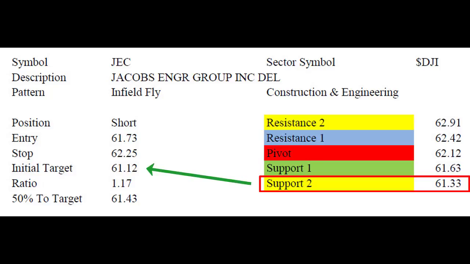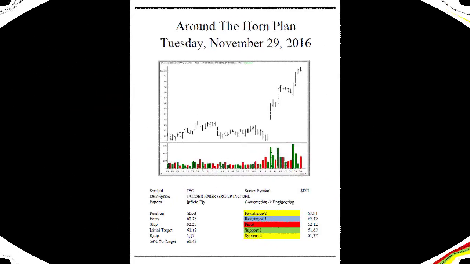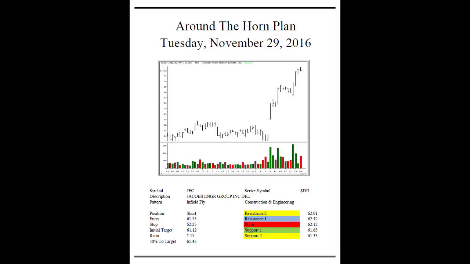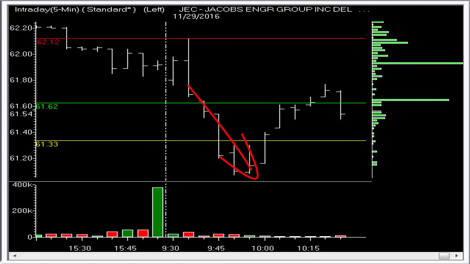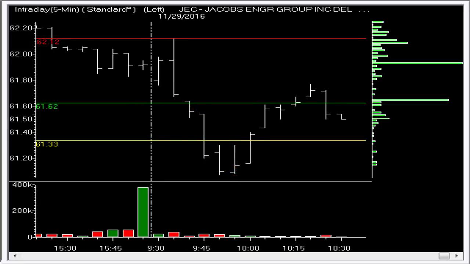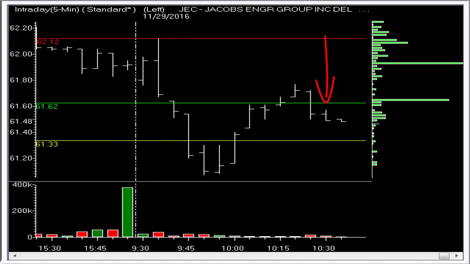So that is what was interesting today about the way that this one traded. And let's take a time-lapse look at what the stock did once it got moving. Here we see we had a move from that 61.73 entry straight down to the target. Stock reversed, came up, left this bar up above the green pivot line, then reversed back down lower, and that's our key then for a potential entry.